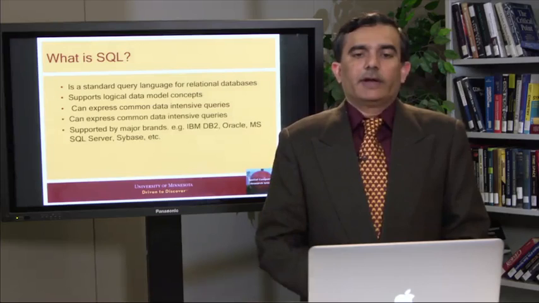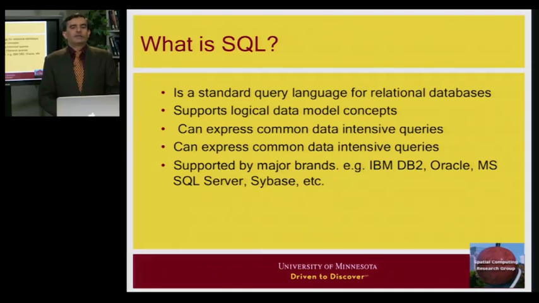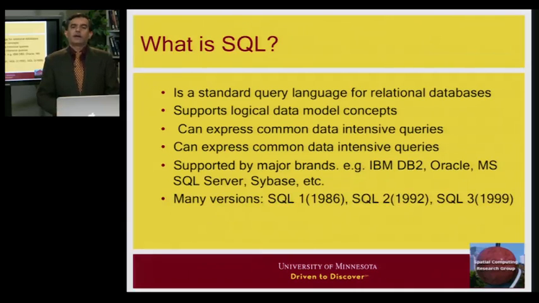Okay. All right. It is supported by all database vendors, and you are seeing some names here from IBM, Oracle, Microsoft, Sybase, and so on. And there are a few different versions. The first version starts with 1986, often called SQL 86 or SQL 1. A major revision came in 92, sometimes referred to as SQL 2. And the version of most of interest in our discussion is SQL 3, which started in 99 but was formalized in 2003.